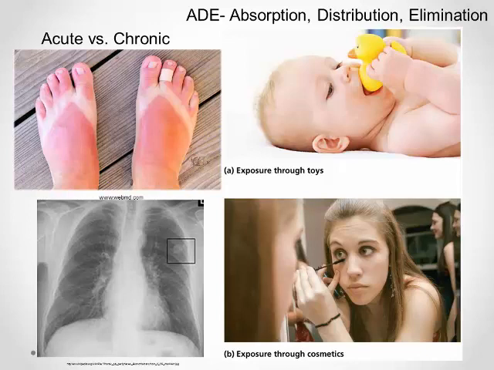Chronic exposures, on the other hand, are low exposures over a long period of time. The response to chronic exposures is delayed, and the effects from chronic exposures are harder to detect and diagnose. Chronic exposures usually affect organs gradually, such as causing lung cancer or liver damage. With chronic exposure, the cause and effect may not be clearly apparent.